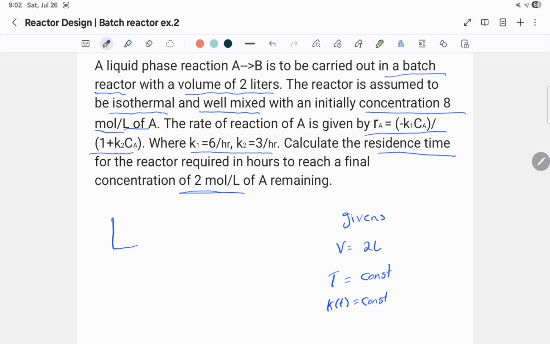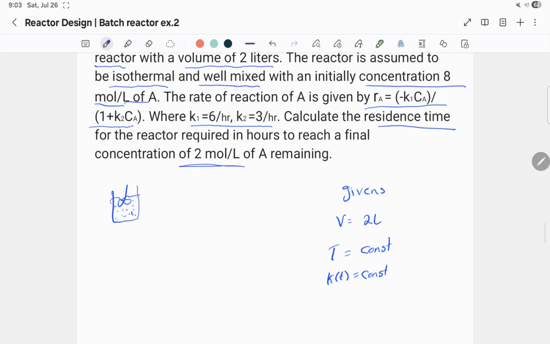Well mixed basically means that at a certain time, let's say the initial time t equals 0, the concentration anywhere in the reactor is the same, and at the final time, the concentration anywhere in the reactor is the same. So that's basically what well mixed means.